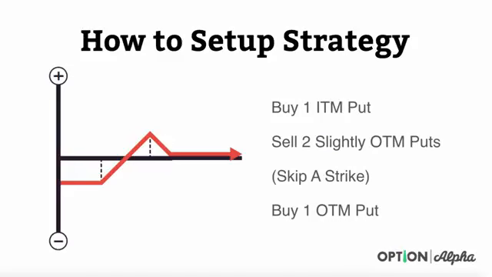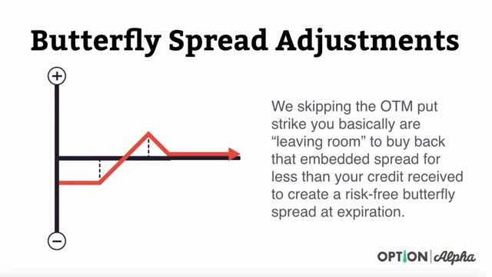From there, we're going to skip over one strike and go out to the next strike and buy one out of the money put option. And this creates that broken wing aspect to this butterfly spread. When we skip over this out of the money put strike, you are leaving room, because of that skipped strike, to buy back an embedded spread for less than the credit received to create a risk-free butterfly spread at expiration.